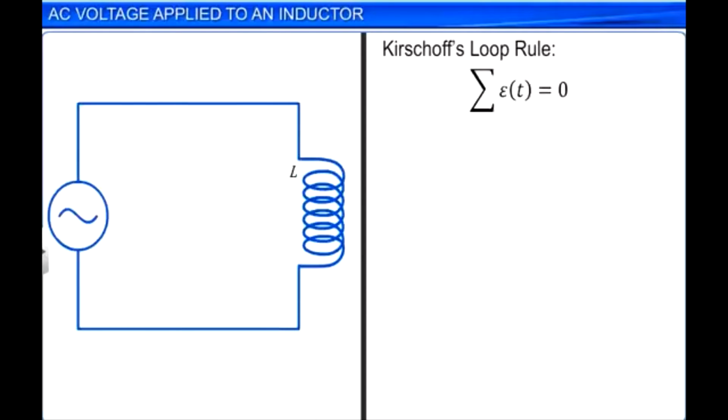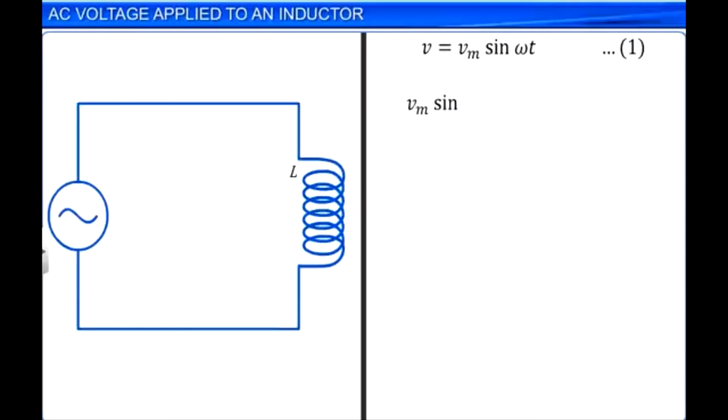The voltage across the source of alternating current is V equal to Vm sin omega t, where Vm is the amplitude of the AC voltage, omega is the angular frequency and t is the time. Let this be equation 1. Applying Kirchhoff's law to the purely inductive circuit, we get Vm sin omega t minus L di by dt equal to 0.